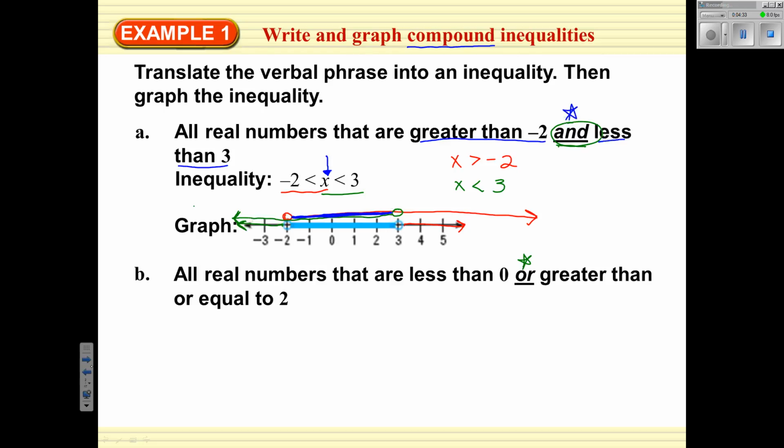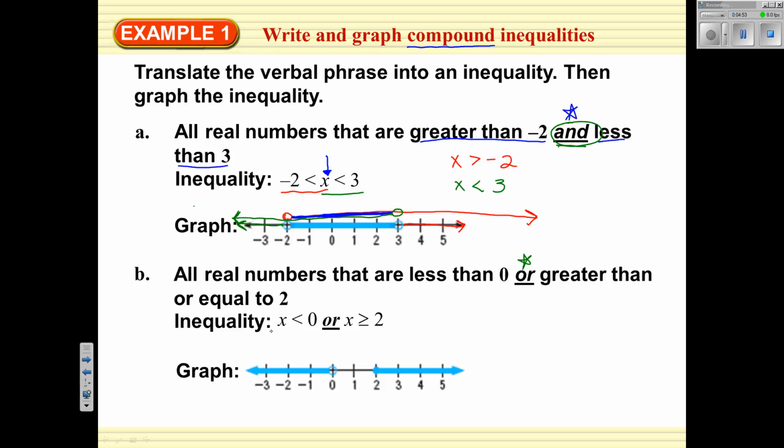So here is what our equation would look like. Okay, x has to be less than 0 or x is greater than or equal to 2. So there's our writing, and here is how we would graph it. Okay, because of this word or right here, we don't have to have them overlap.